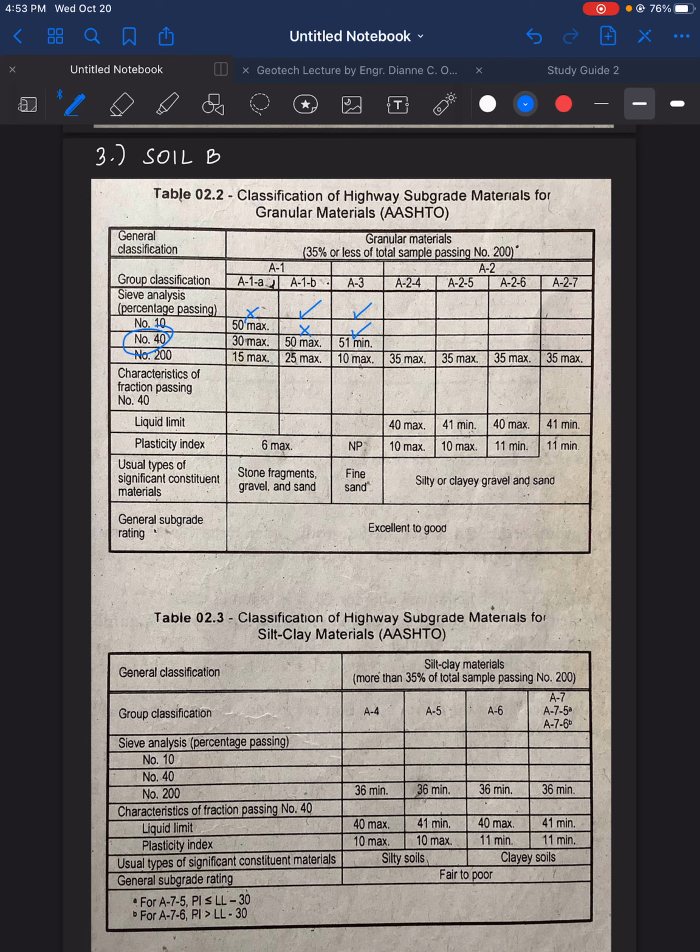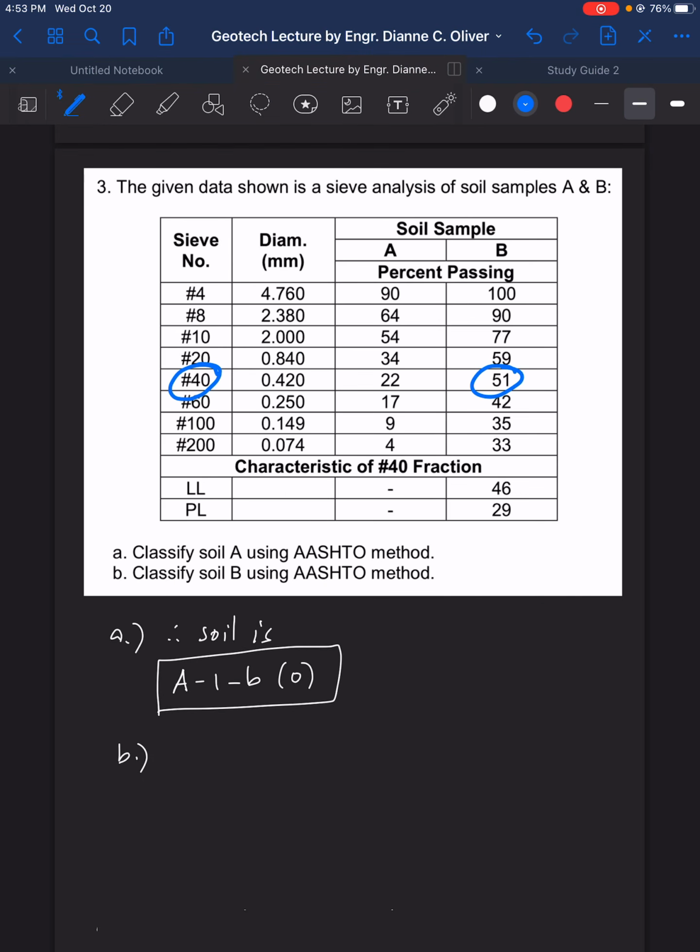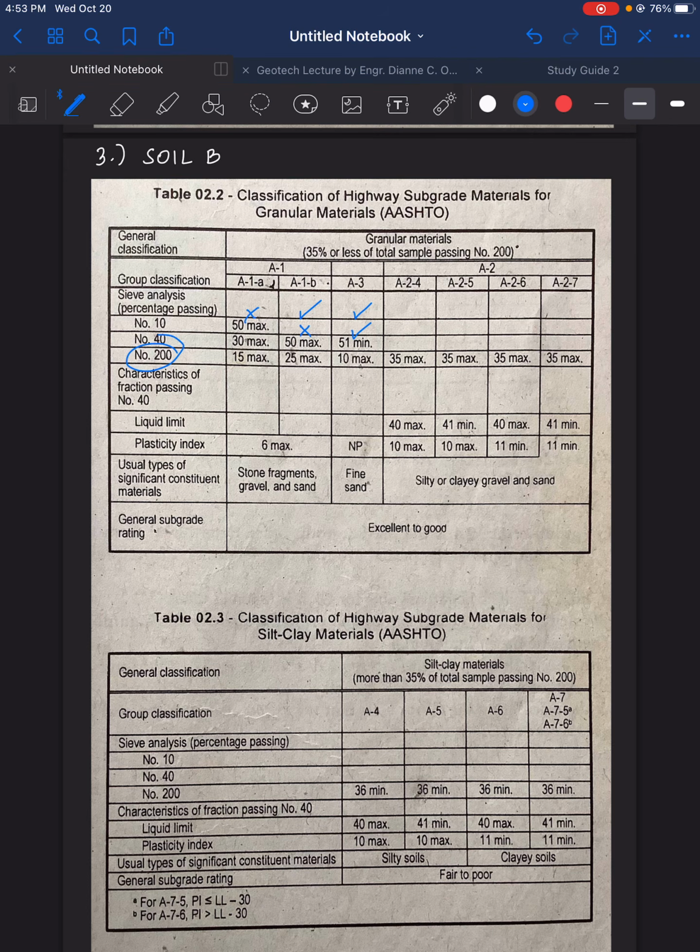Again, it's correct here. Let's go to number 200. Number 200, we have percent passing 33%. So, let's see here. Is 33% fitting the criteria 10 max? No, X. So, it goes to the 35 max. So, check, and then check this one.